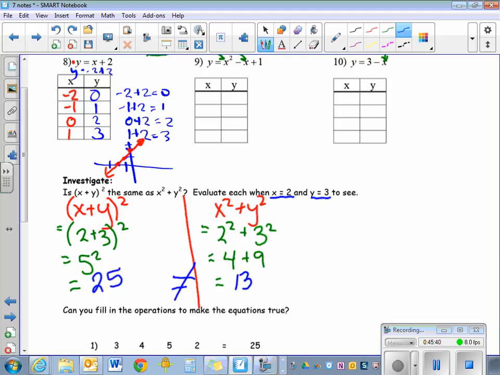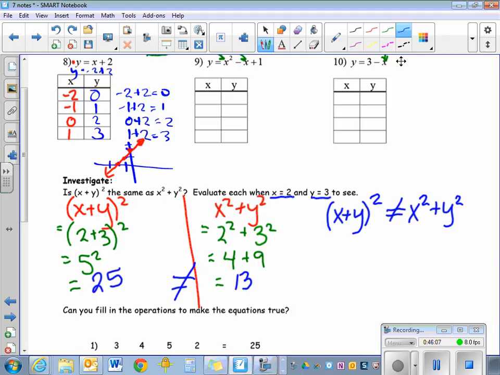No way. They are not the same. So 25 does not equal 13. Therefore, we know that x plus y quantity squared is not the same thing as x squared plus y squared. And we'll actually be dealing with that later this year when we start foiling and distributing. So it's really important. They are not equal. And this equal sign with the line through it means not equal to.